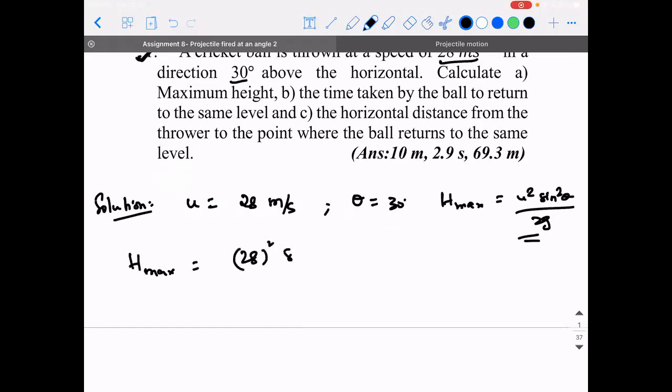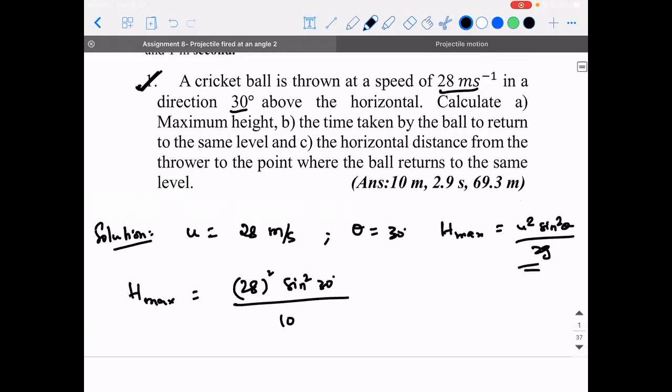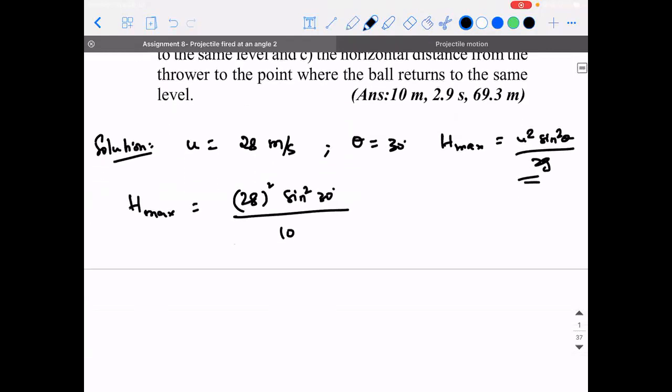28 square sine square 30 divided by 2g. You can take the value of g as 10. So 28 into 28 into sine 30, which is half. So 1 by 2 into 1 by 2, the whole divided by 10. This will go 14 times, this will go 14 times.